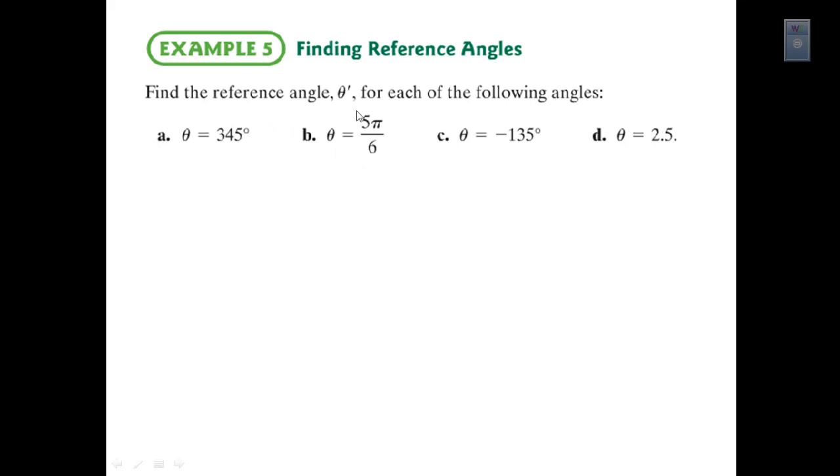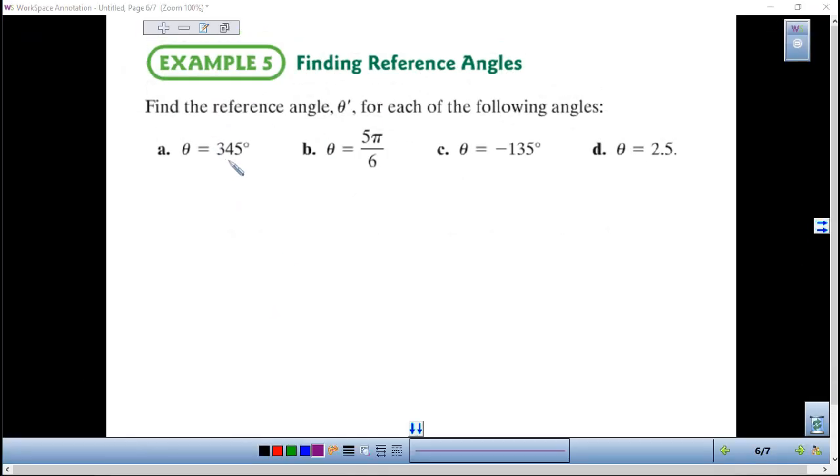Alright, so find the reference angle theta prime for each of the following angles. If we've got 345 degrees, that's in quadrant 4. So in quadrant 4, I know I'm going to have 360 degrees minus 345 degrees. That gives me a reference angle, theta prime, of 15 degrees.